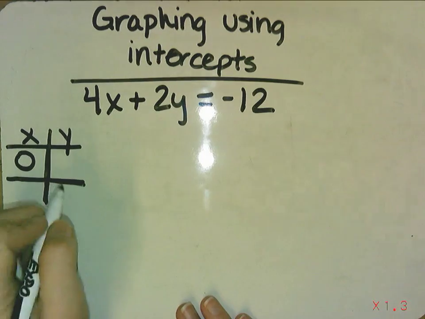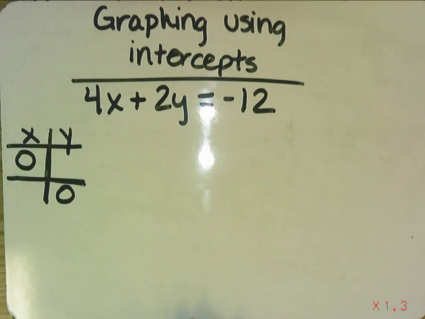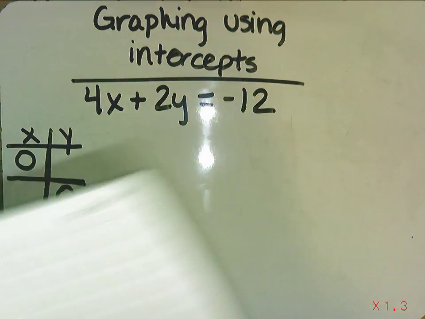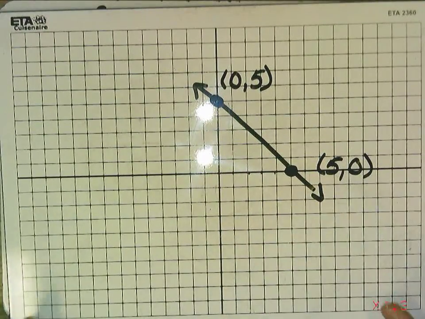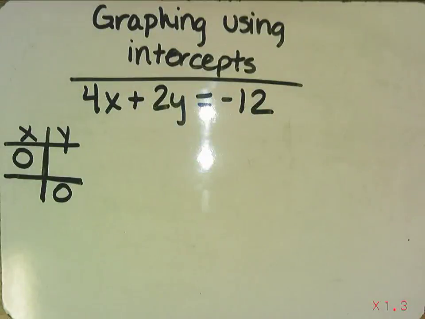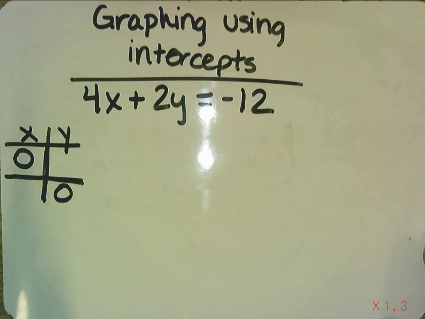And in a separate row, you'll give y a 0, because every x-intercept has a y value of 0. So every time you're trying to graph using intercepts and you have an equation, you're going to make a table that looks exactly like this every single time.